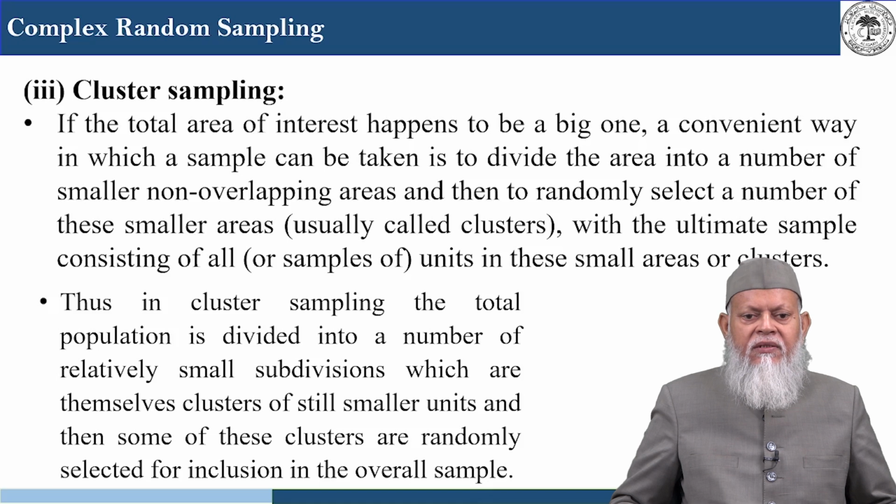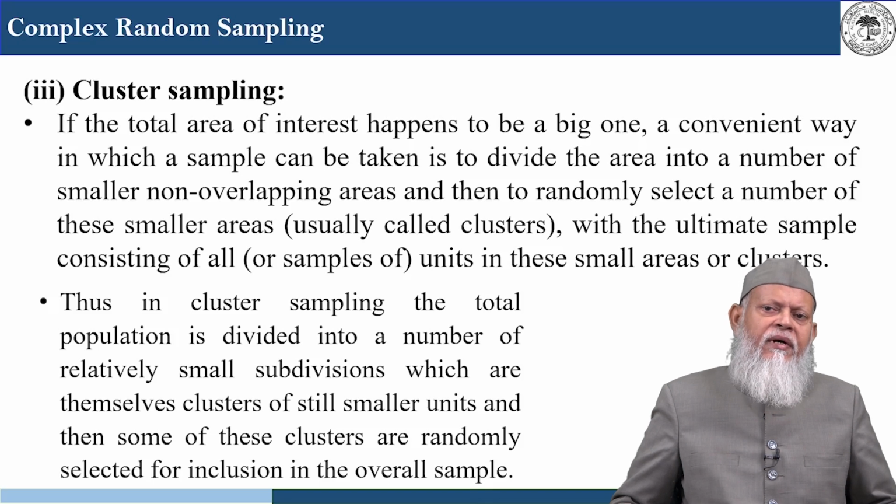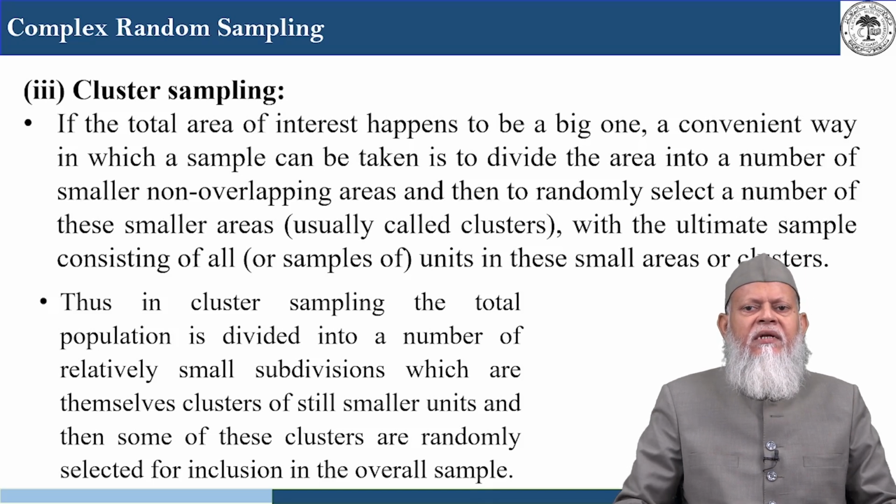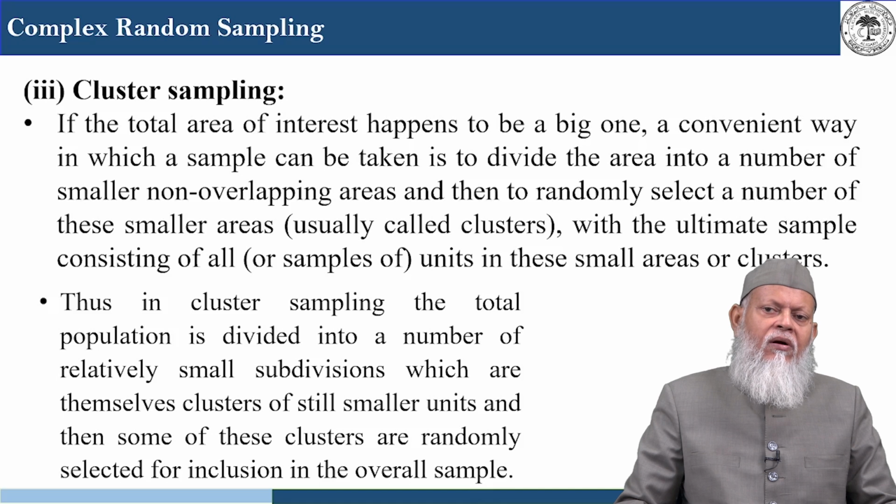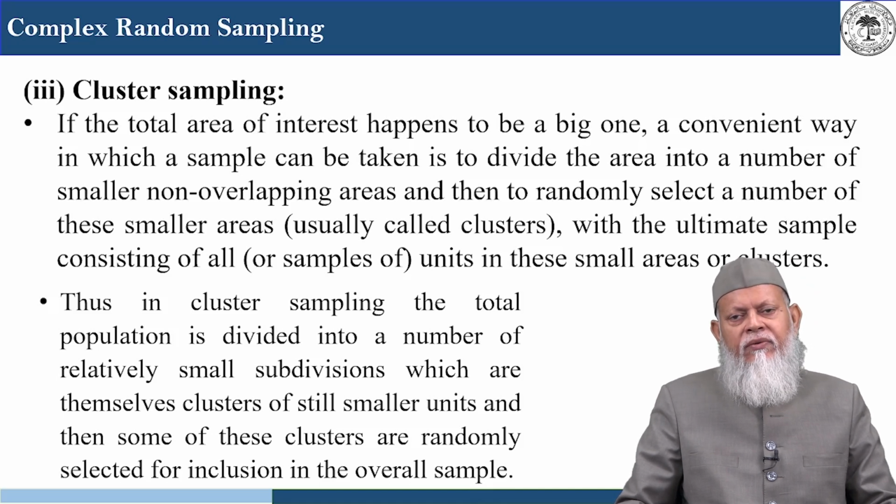The population is very large, the universe is very large. So what do we do? We make clusters, small groups, and then randomly select a number of these areas, and all the members in the selected clusters become members of the sample when they are added together.